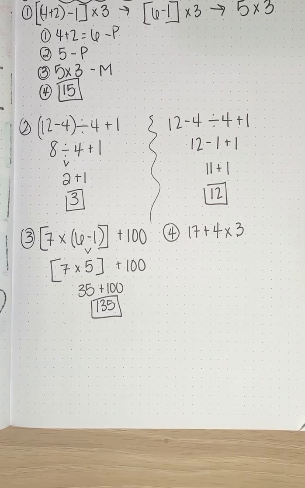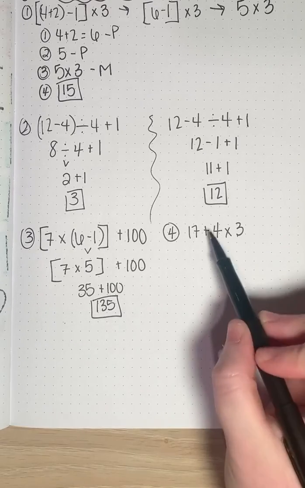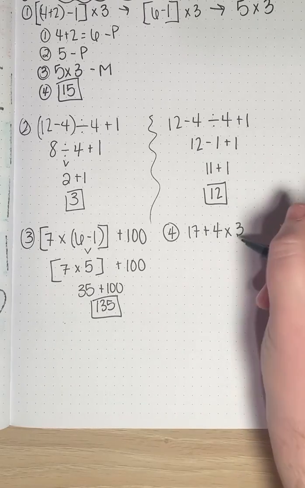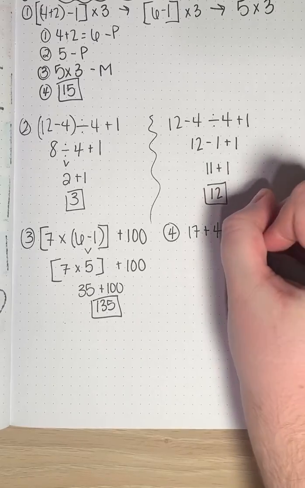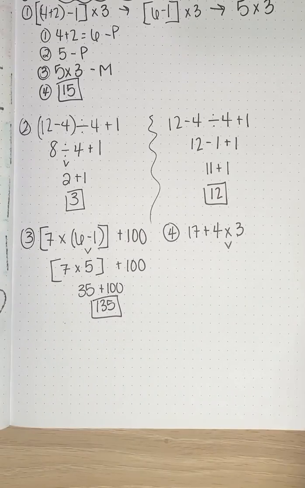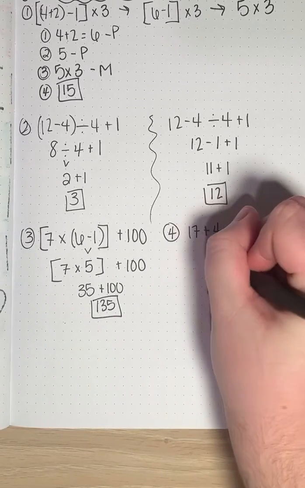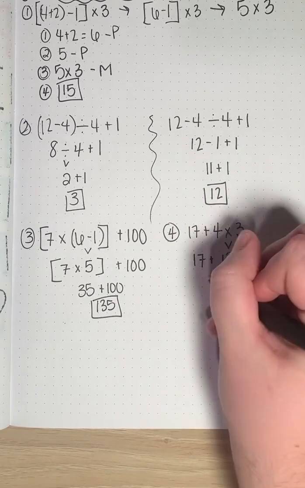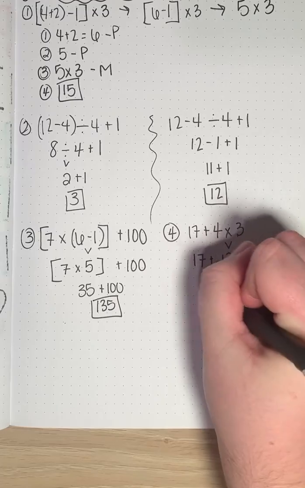Now, one thing real quick, I can interchange multiplication and division, and I can interchange addition and subtraction, but I can't do my addition before my multiplication, okay? So I'm going to multiply 4 times 3 gives me 12, plus 17. Bring everything else down. So my final answer is 29.